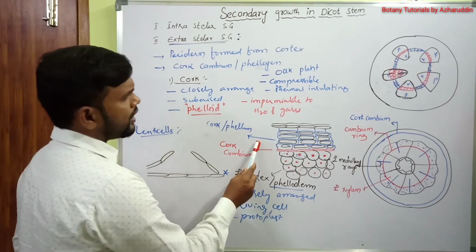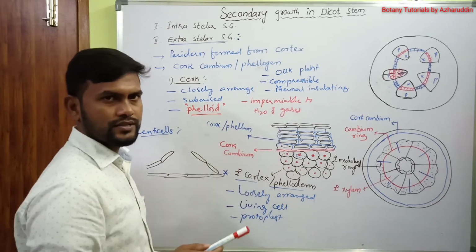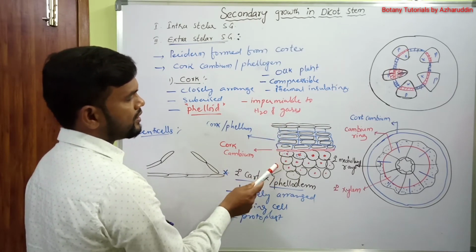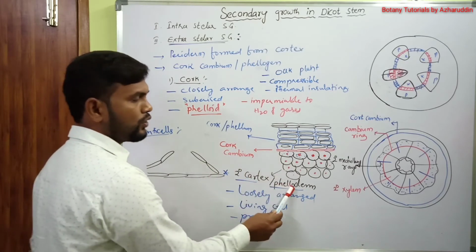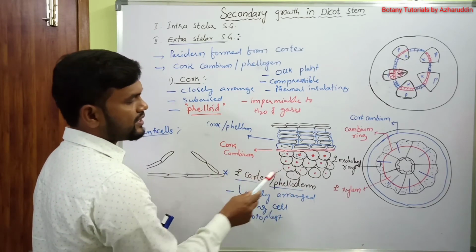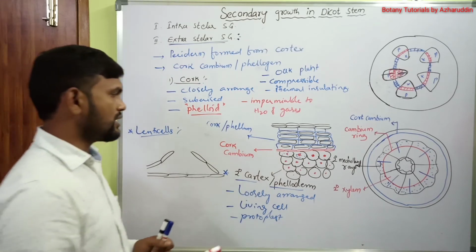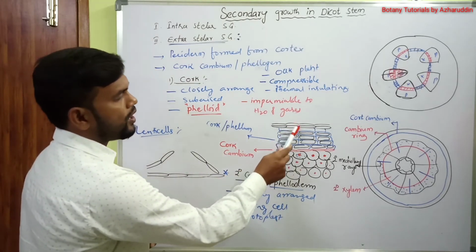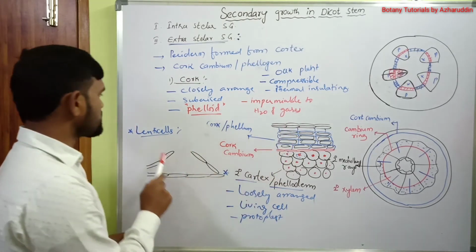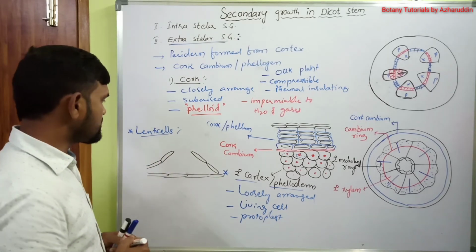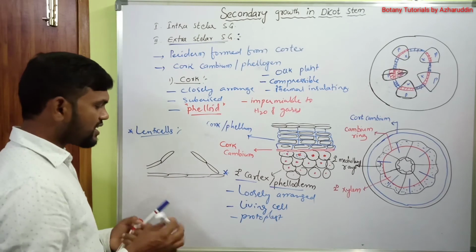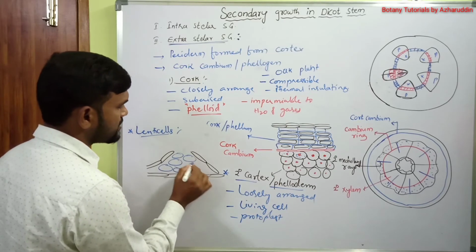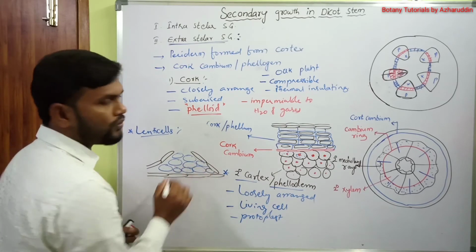Once again I am repeating, cork is impermeable to water and gases, so gaseous exchange and transpiration do not occur in the secondary cortex or phelloderm. That's why lens-shaped structures called lenticels are formed. These lenticels have a mass of loosely arranged cells with thin walls.